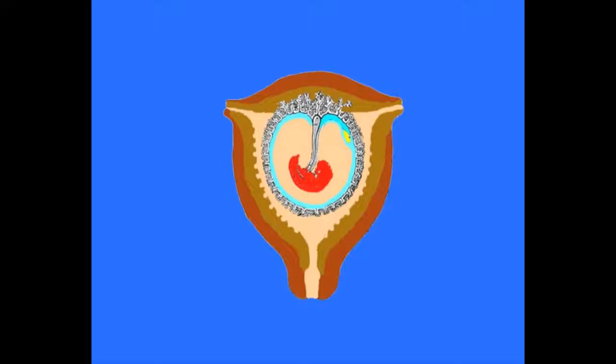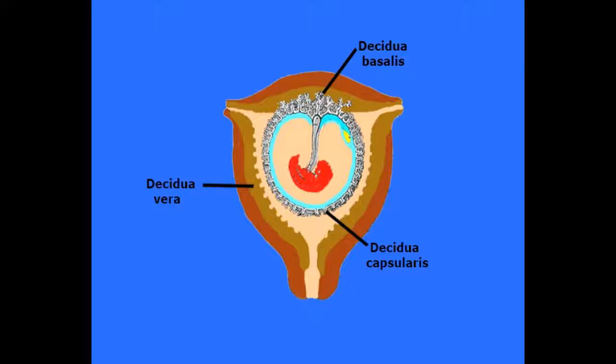The part of the uterine wall to which the placenta is joined is termed as decidua basalis. The portion of uterine mucosa and epithelium which is over the blastocyst forming a capsule is known as decidua capsularis. The leftover part of the uterine wall with which the chorion finally comes in touch is called decidua vera.